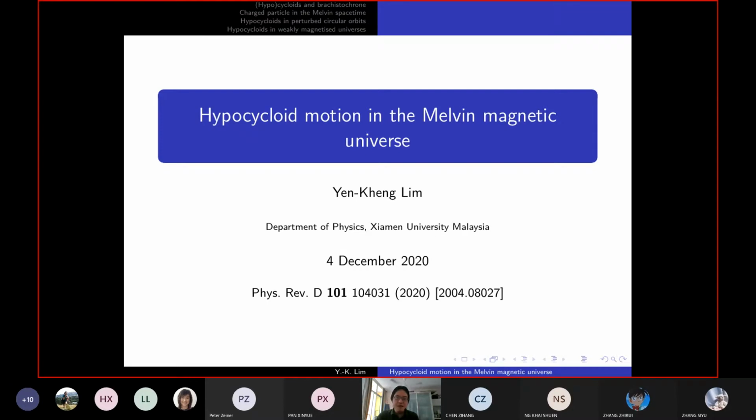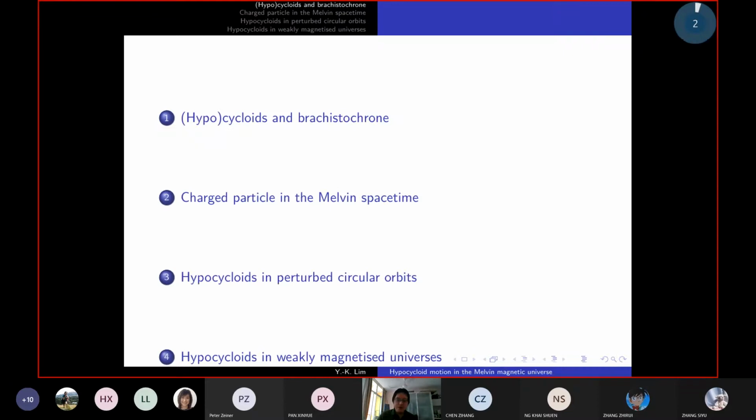I'm going to talk to you about the hypocycloids in the Melvin universe. Today's talk consists of 4 parts. The first part should be understandable to a lot of students, and I see a lot of students in the audience today. I'm going to tell the story about the brachistochrone problem, and this is where cycloids and hypocycloids come in.